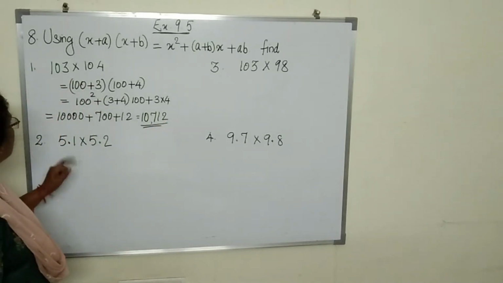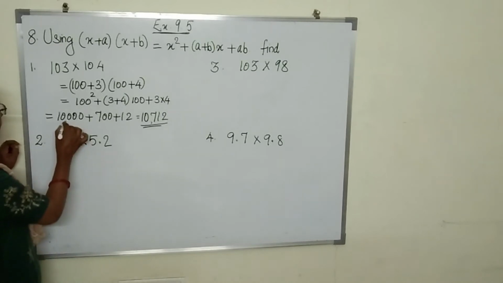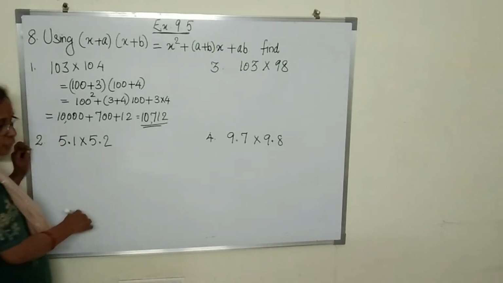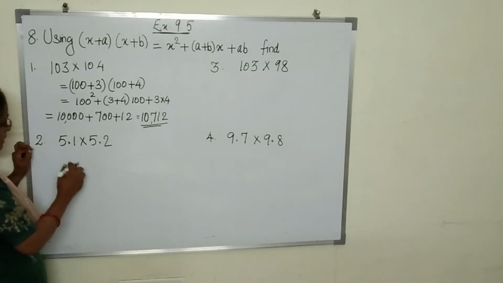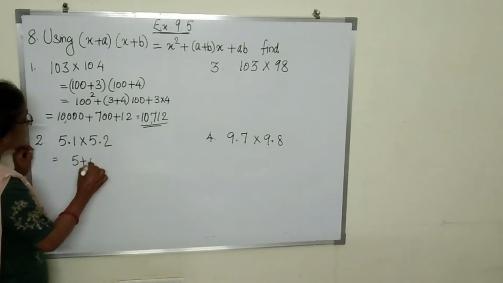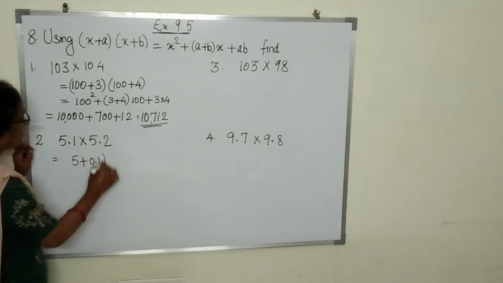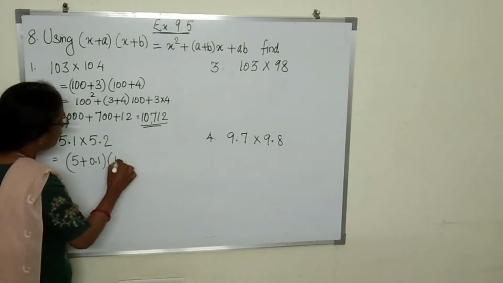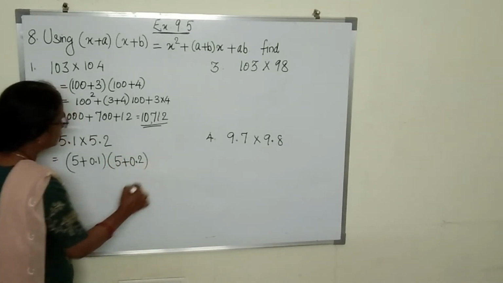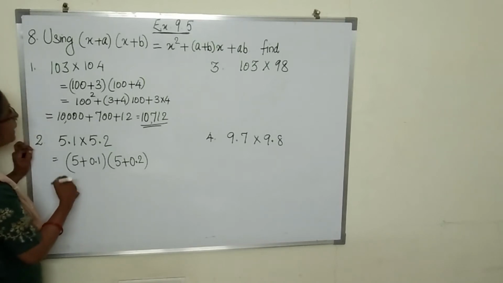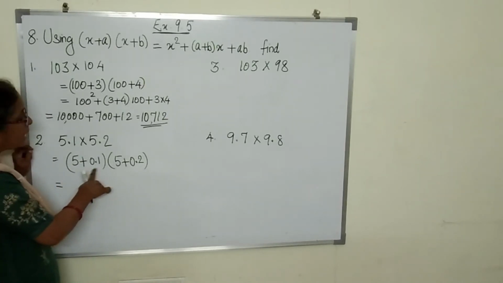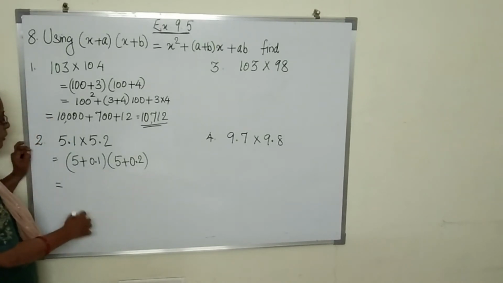Okay. The next question is 5.1 into 5.2. So what will be x? Yes, 5. (5 + 0.1) into (5 + 0.2). What is x here? 5. a is 0.1 and b is 0.2.